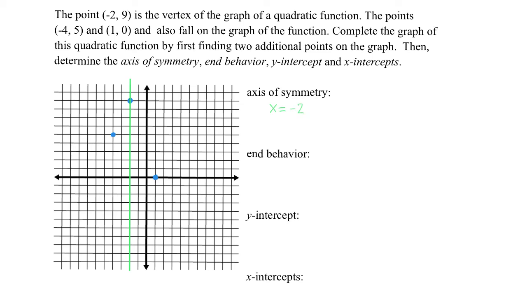Now, using my axis of symmetry, I can actually fill in the rest of these points. If this is my mirror image, then that means this point has a match directly on the other side. So that means there's a point right there. And same thing with this one. This one must have a match balanced on the other side.